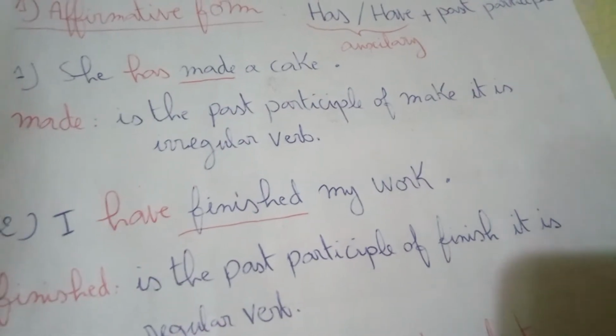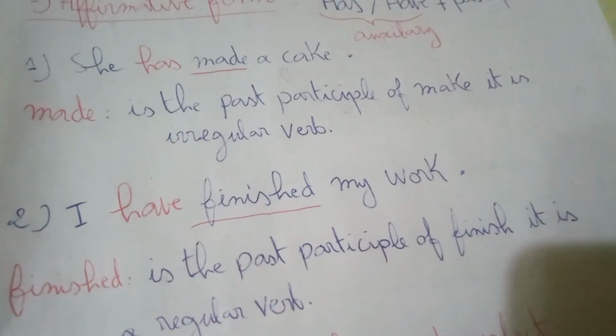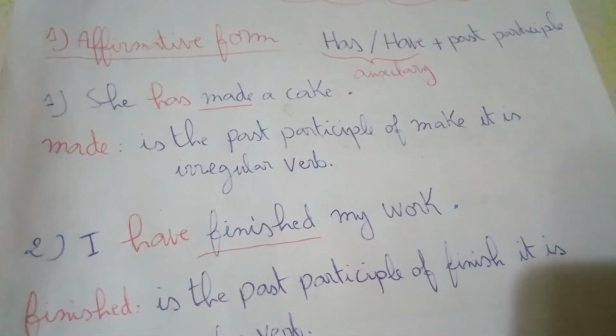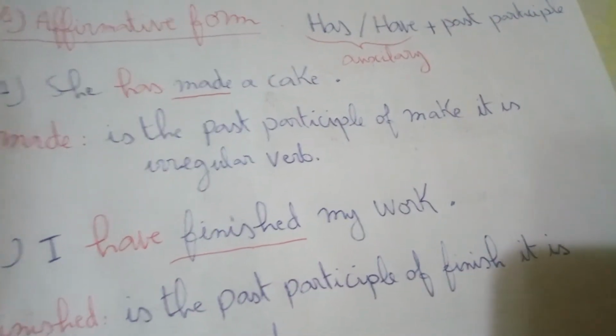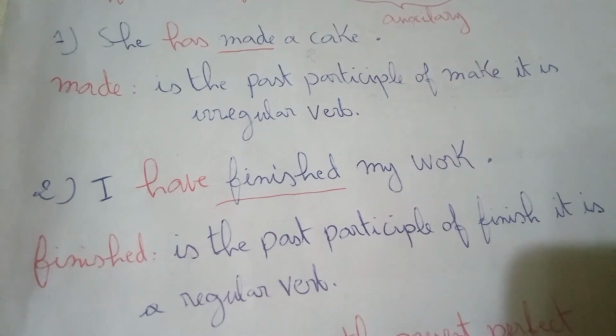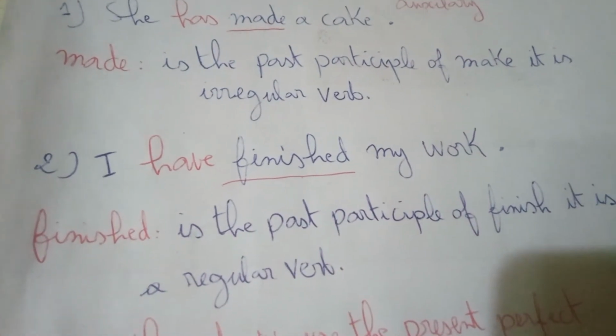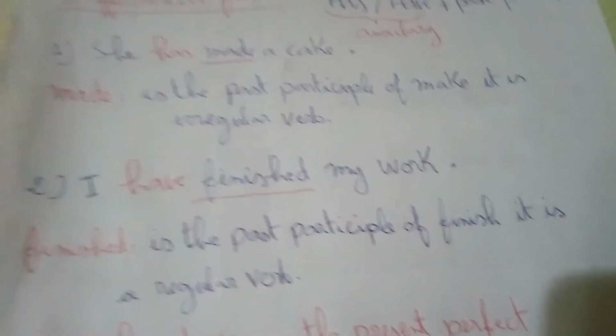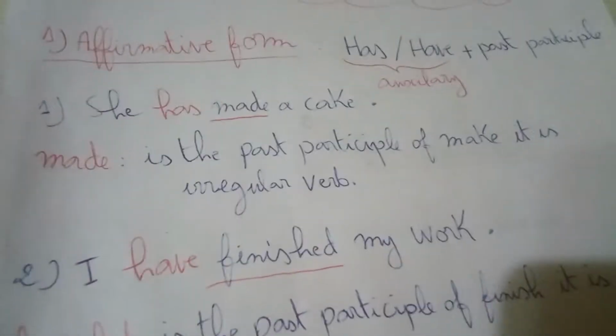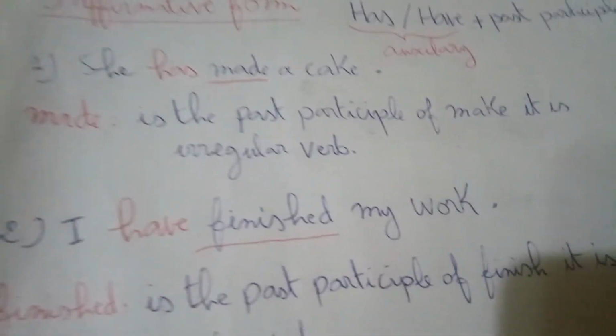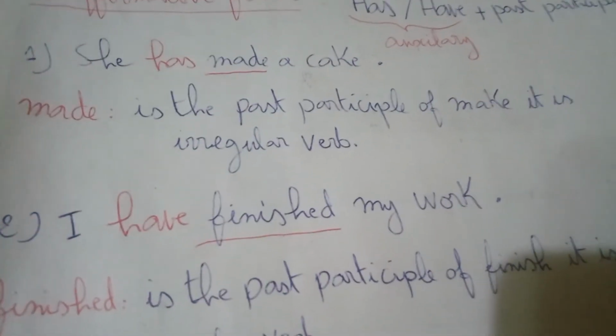So we have regular and irregular verbs. In the regular verbs, we add ed to the verb, but in the irregular verbs, the verbs change. For example, the verb to speak: spoke, spoken. Here, the verb to speak is an irregular verb.